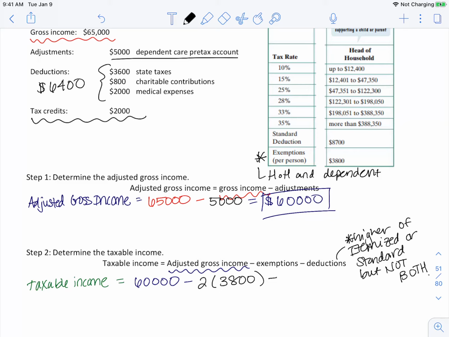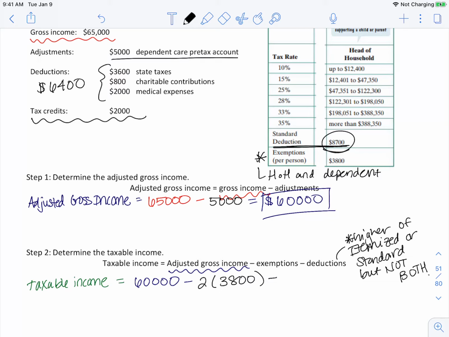In this case, we can see that when we calculated our itemized deductions, that was $6,400. We see here in the chart, the standard deduction is $8,700. So $8,700 is the higher amount. Again, you want to use the higher amount because that means that the government can tax you less. You want to subtract out the higher amount.